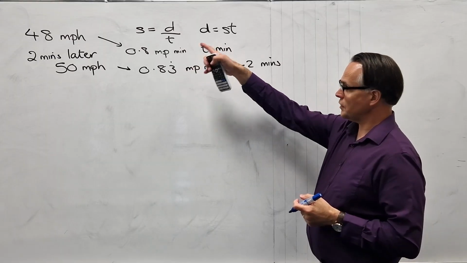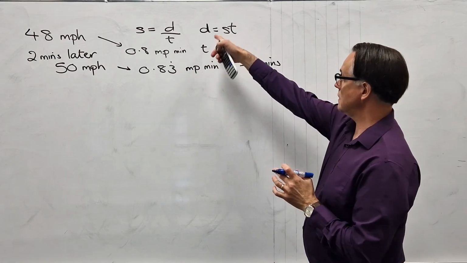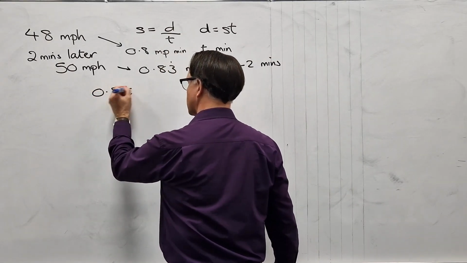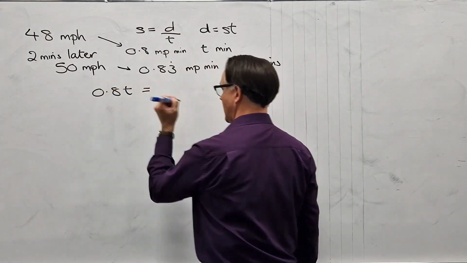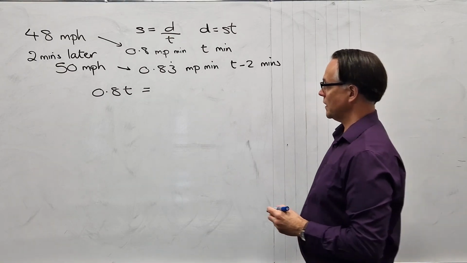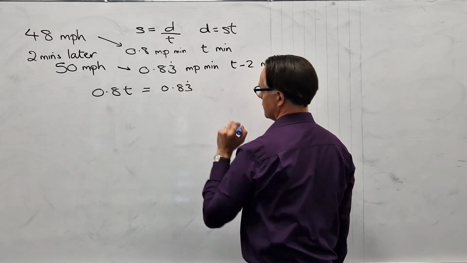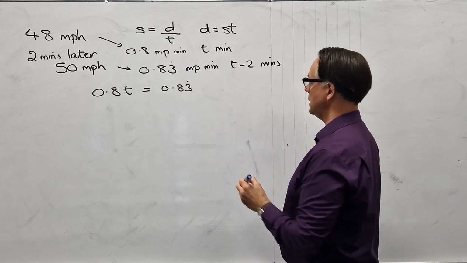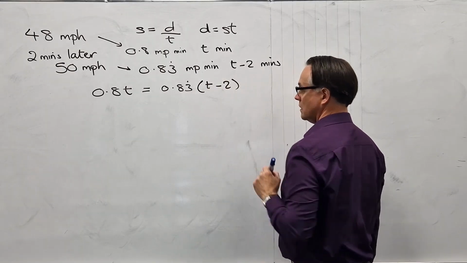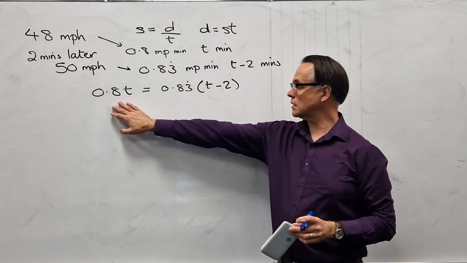So the distance that Fleur travels is speed times time, which is 0.8 t, and that's equal to the distance that I travel, and the distance I travel is 0.83 recurring, which is the speed, times t minus 2. And you can see now, what we can do now is solve this to find t.